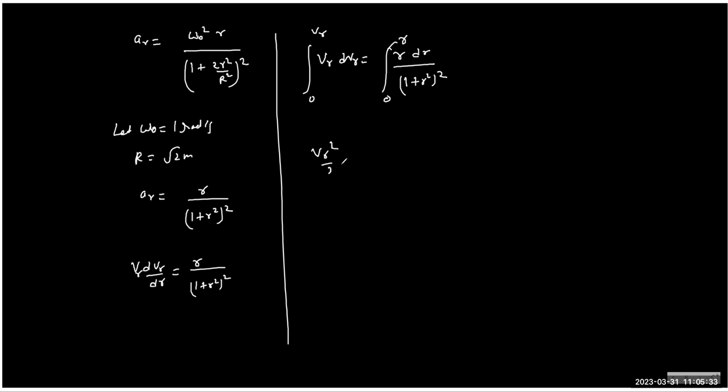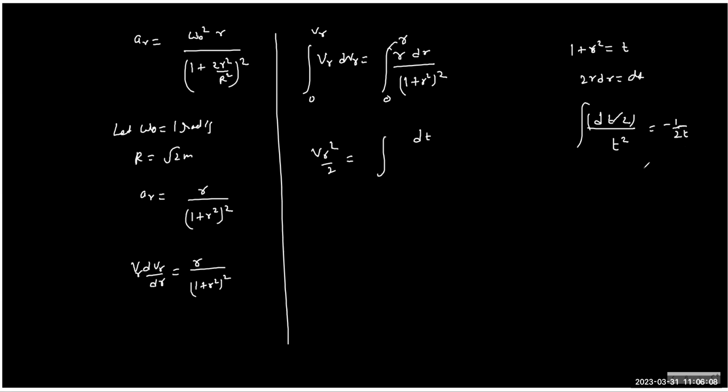So v_r square by 2 equals the integral of r dr over (1 plus r square) whole square. I take 1 plus r square equals t, so 2r dr is dt, and basically I can write dt by 2 over t square. The integral of 1 by t square is minus 1 by t.